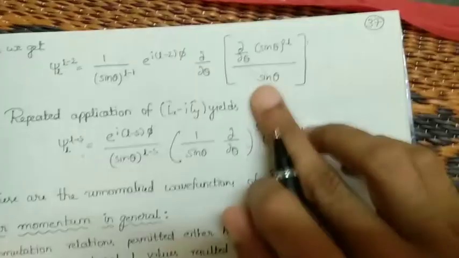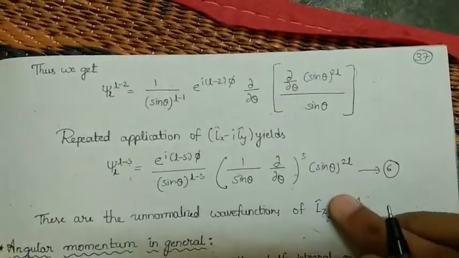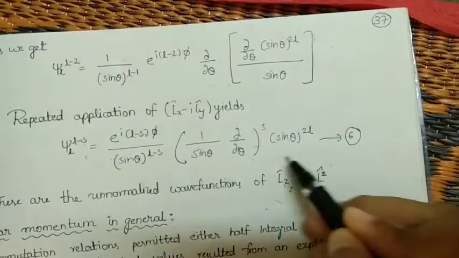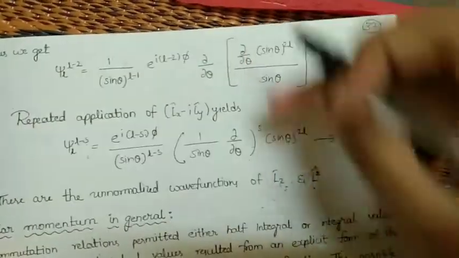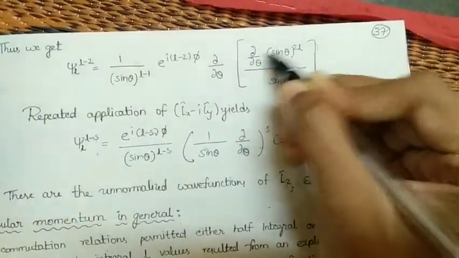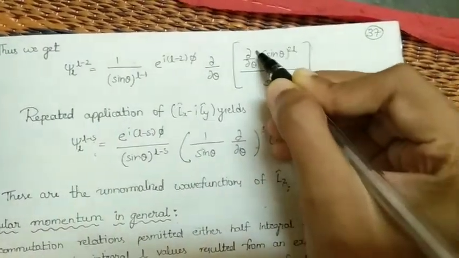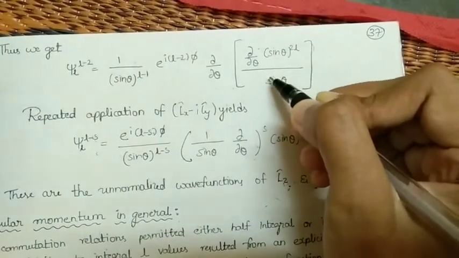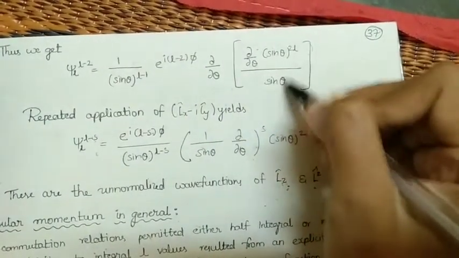If we keenly observe, this is sin theta whole power 2L, so this is also sin theta whole power 2L. This form is as usual, and here what we are doing is differentiating this one with dou by dou theta, and again multiplying with 1 by sin theta.